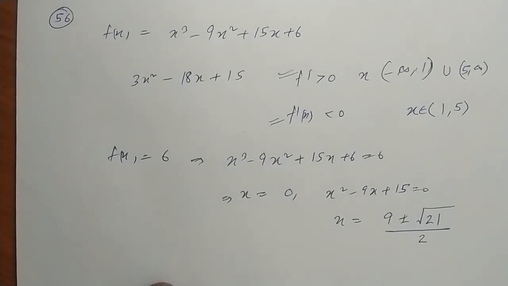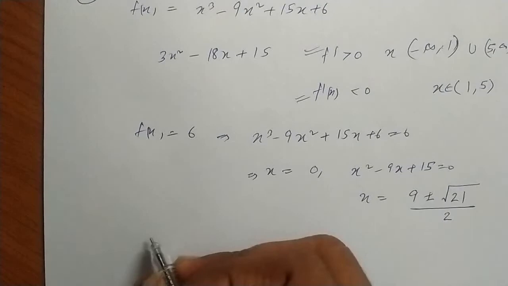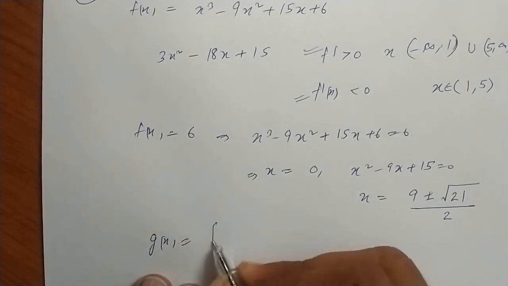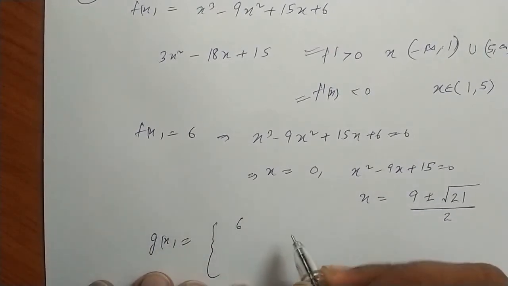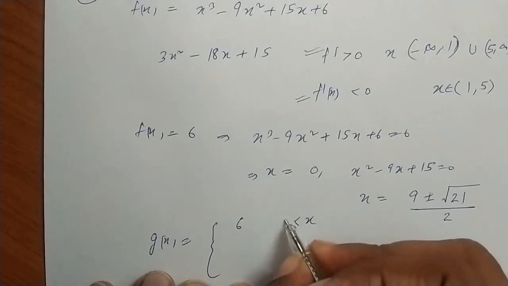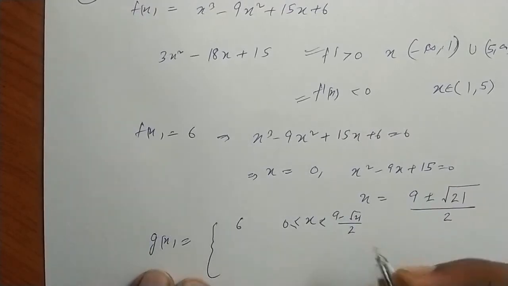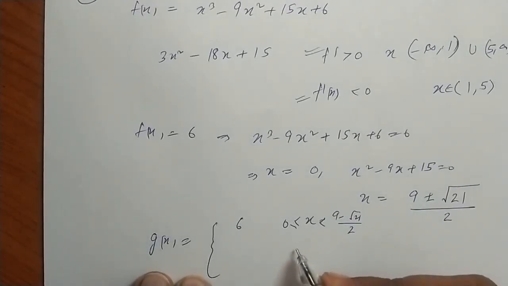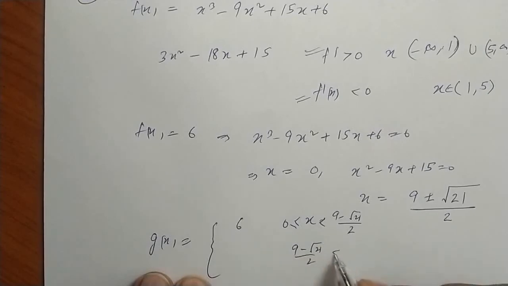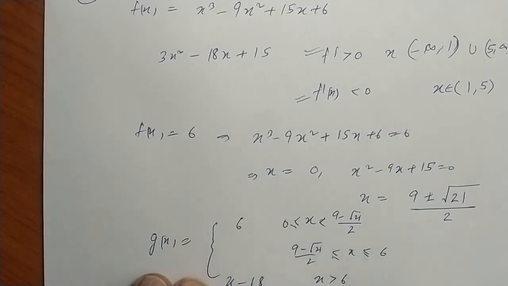So from here we can calculate g(x). So g(x) would be 6 when x is greater than or equal to 0 but less than 9 minus root 21 upon 2. And from 9 minus root 21 upon 2 up to 6 it will be f(x), and when x is greater than 6 this will be x minus 18, and this will be f(x), x cube minus 9x square plus 15x plus 6.